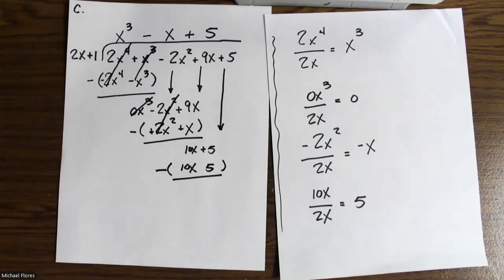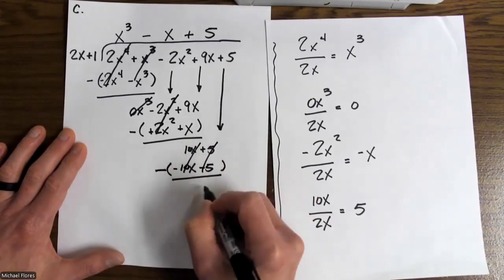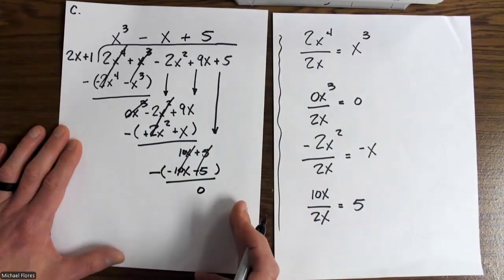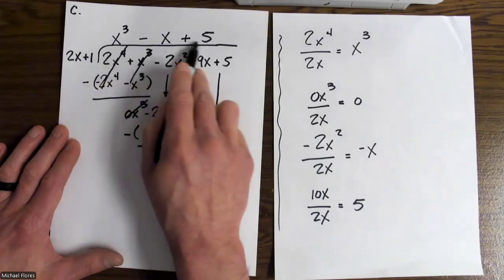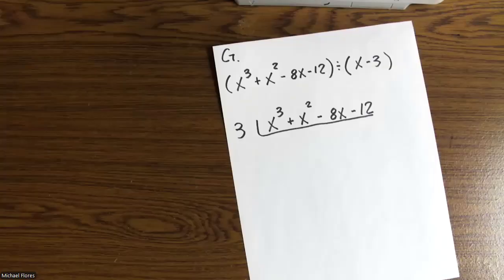Underline, wrap, negative. Distribute the negative throughout the parentheses. All the signs flip. Everything cancels. We have a remainder of 0 with nothing left to bring down. So we are finished. This is our answer: x cubed minus x plus 5.